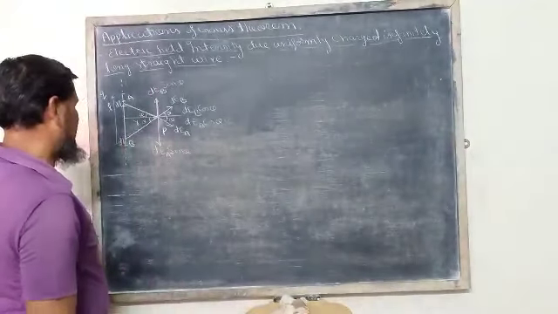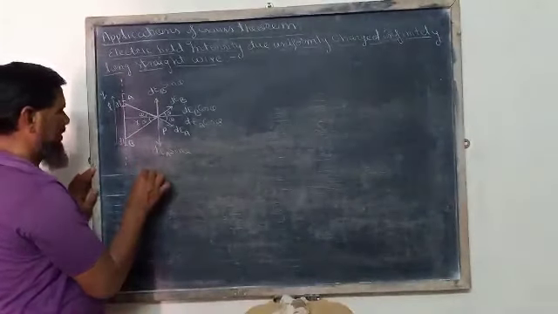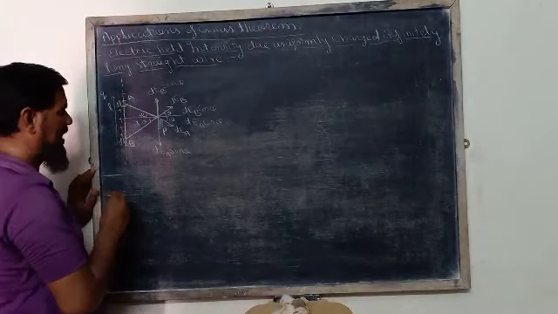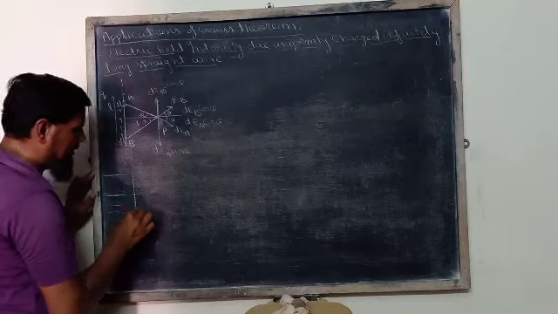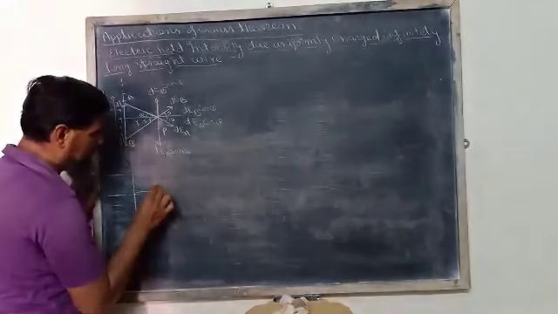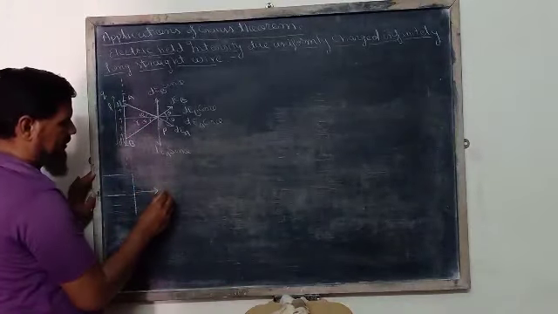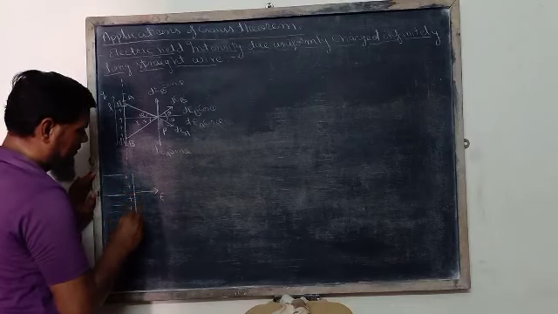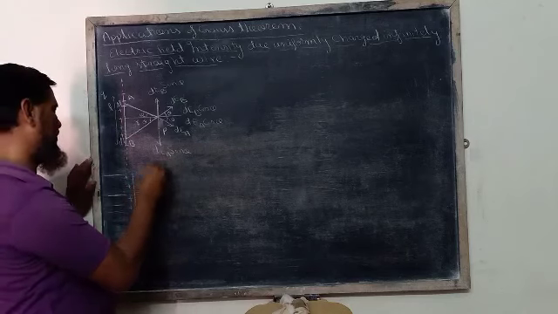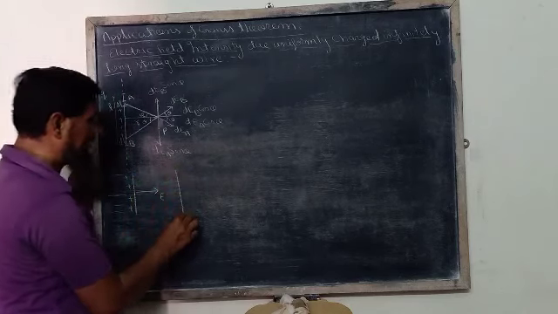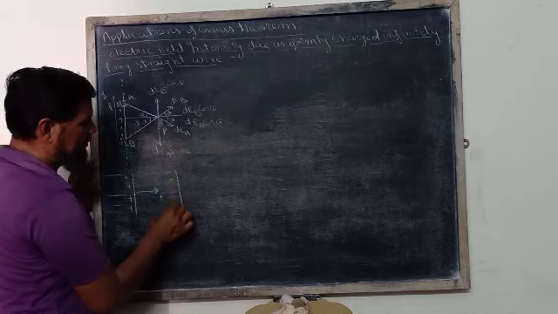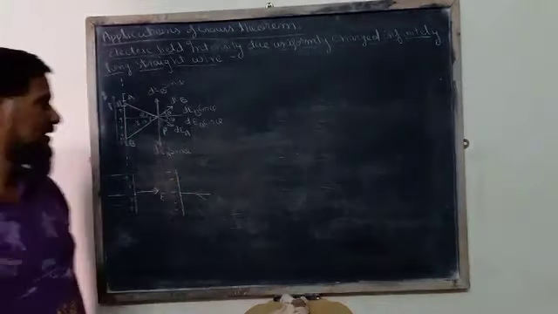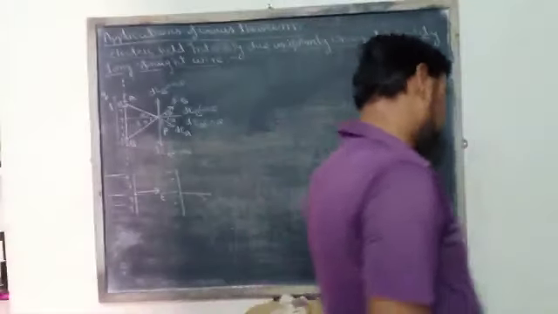So we conclude that due to a uniformly charged conducting wire, the electric field intensity for a positive charge will be perpendicular to and away from the wire, and for a negative charge it is towards the wire. So this is the direction of the electric field intensity.